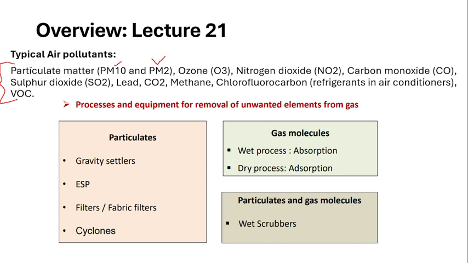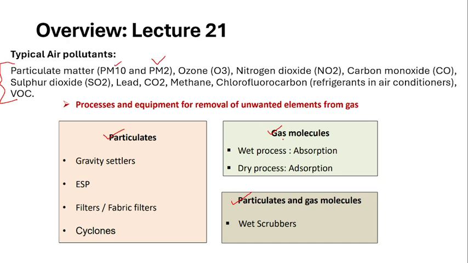Okay, so these are the major processes and equipment used for the removal of unwanted elements from the gas. One is the particulates, and the second is the gas molecules. And when particulates and gas molecules are present together, how are they measured? The particulate matter is mainly collected through gravity settlers, ESP, fabric filters, and cyclones.